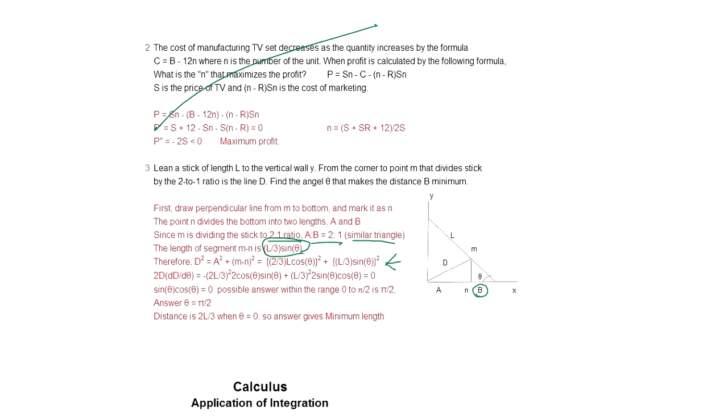And now you take a derivative, set it to 0, and sine theta cosine theta equals 0 is a possible answer. So the range is 0 to pi over 2. So the answer is pi over 2. Okay.